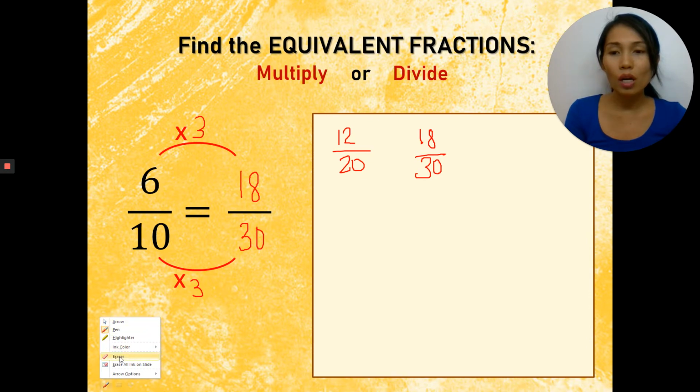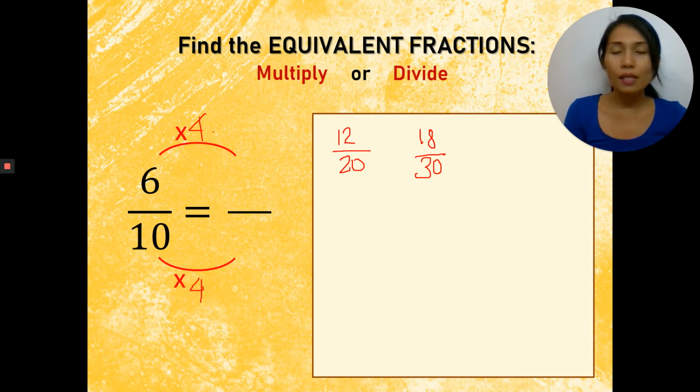Okay, let's find more. What else? Let's try 4. Let's multiply 6 to 4 and 10 to 4. 6 times 4 is 24. 10 times 4 is 40.